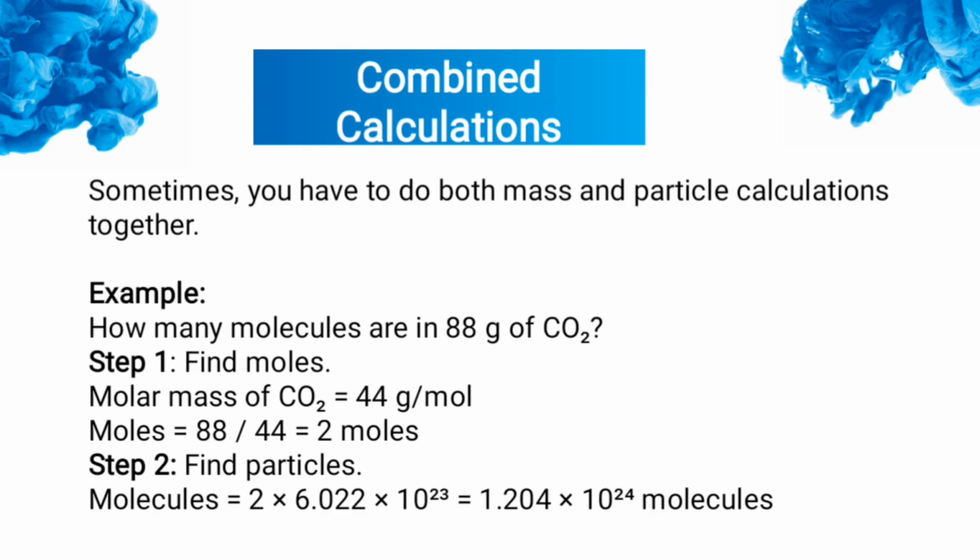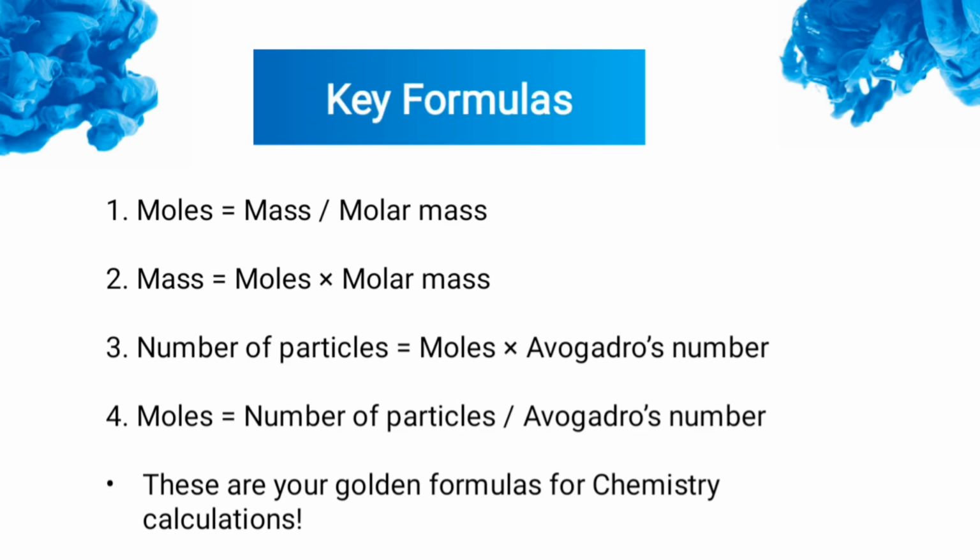So, molecules is equal to, already we know the formula, 2 multiplied by 6.022 multiplied by 10 raised to the power 23, which gives 1.204 multiplied by 10 raised to the power 24 molecules.